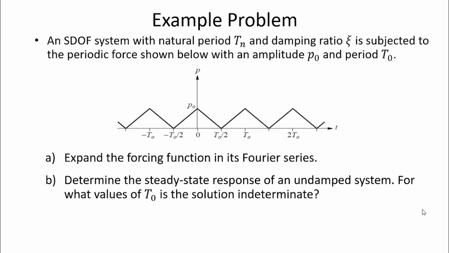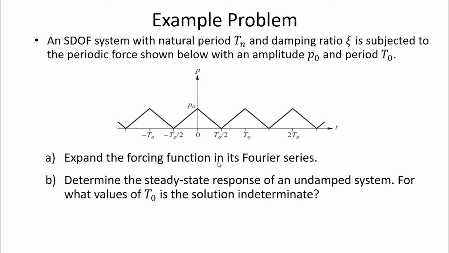Now let's solve an example problem in periodic vibrations. A single degree of freedom system with natural period Tn and damping ratio theta is subjected to the periodic force shown below. This force has amplitude P0 and period T0.